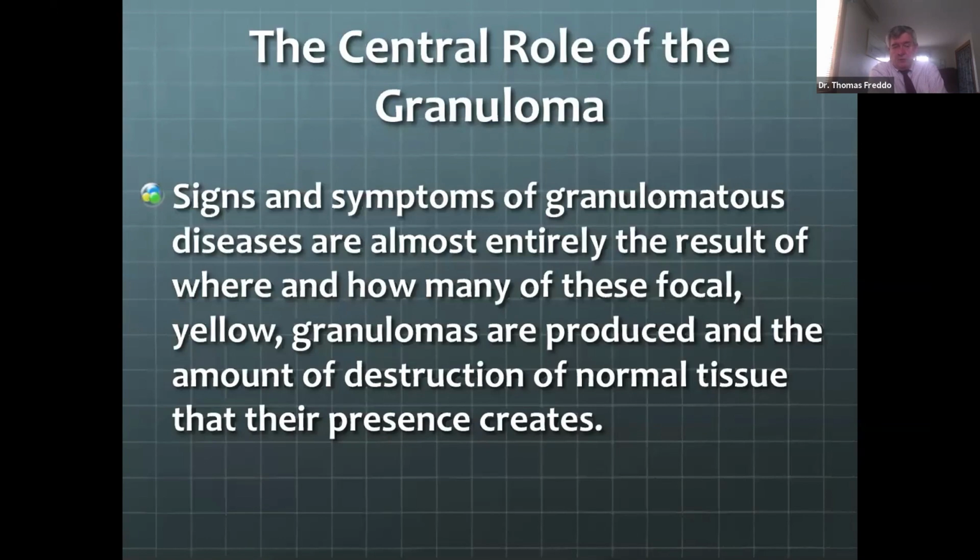So one of the important things to discuss is the real central role of the granuloma in the general course of these diseases. The signs and symptoms of granulomatous diseases are not entirely, but almost entirely, the result of where and how many of these focal yellow granulomas are produced and the amount of destruction of normal tissue that their presence creates.